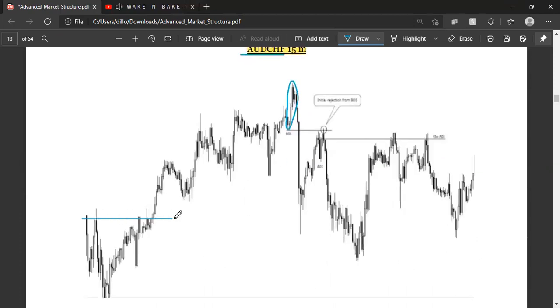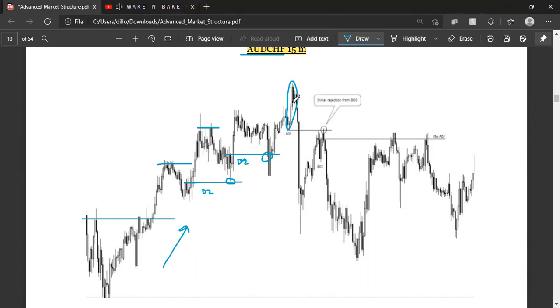We see bullish order flow. Price is breaking highs and retesting, or rather respecting, demand areas. So bullish order flow is being respected.